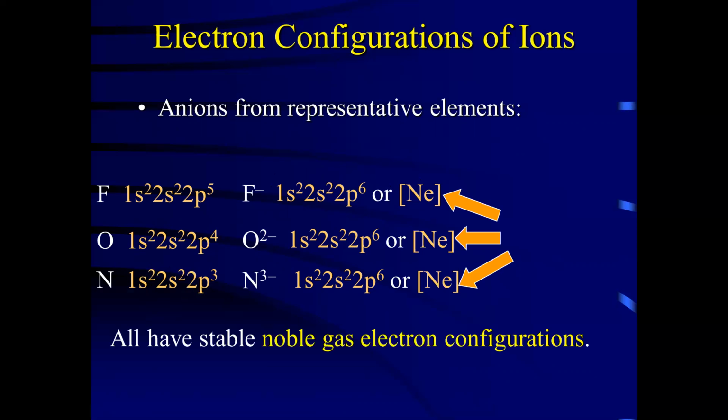They are all stable. They are also called isoelectronic, because the fluoride, oxygen, and nitrogen ions all have the same electron configurations.